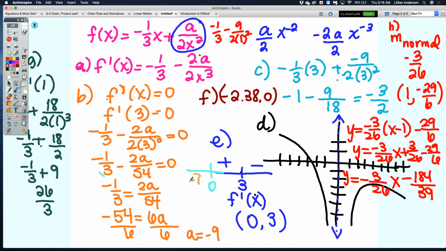If you try to plug in a test point to the left of 0, like -1, into your derivative, which is in part A, that'll be -1/3 plus 9/2. That's going to give you a negative value.